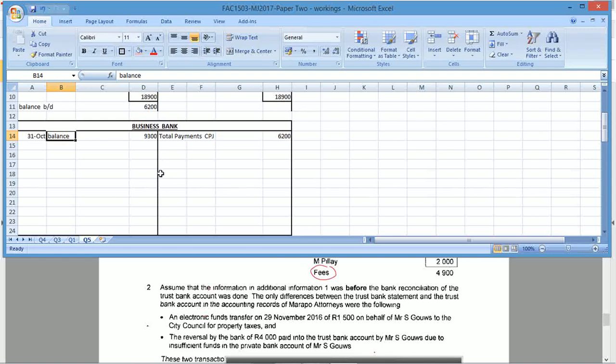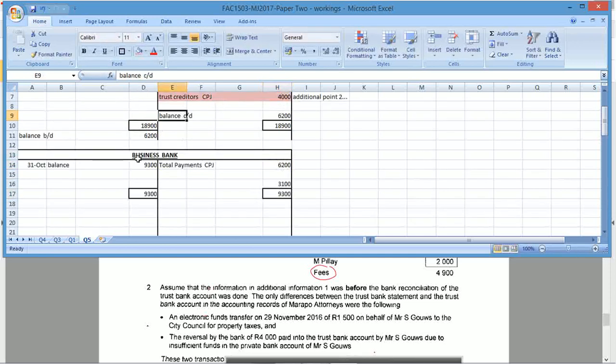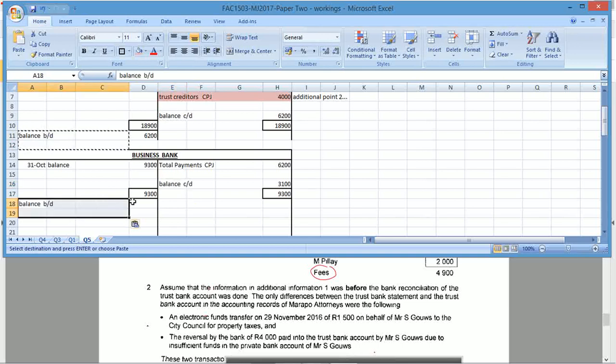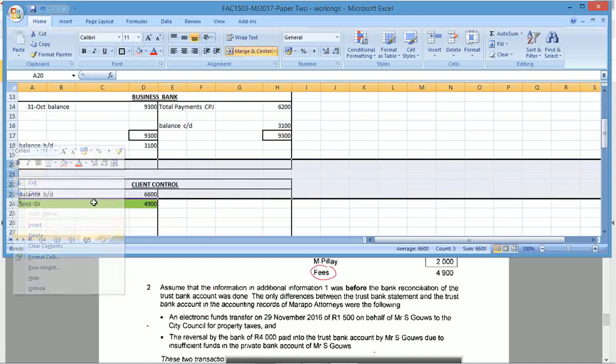All right, so for the business bank account, easy one to balance. $3,100 is still sitting in the business bank account. Sorry, I said client, business bank account.